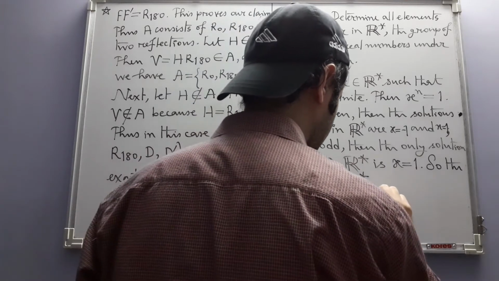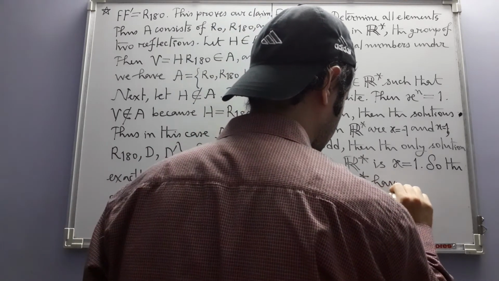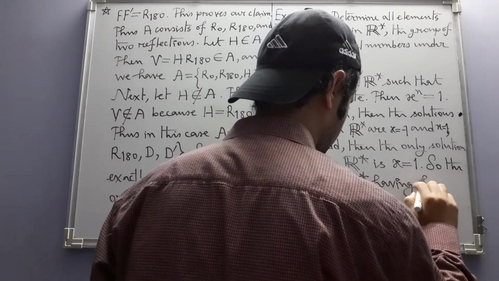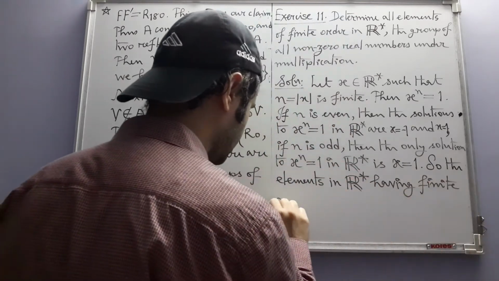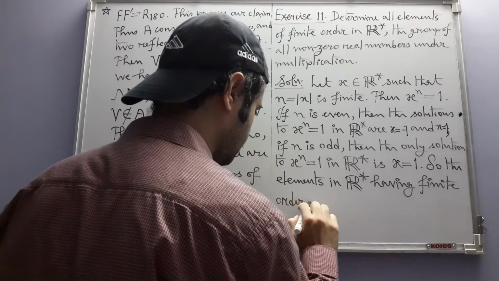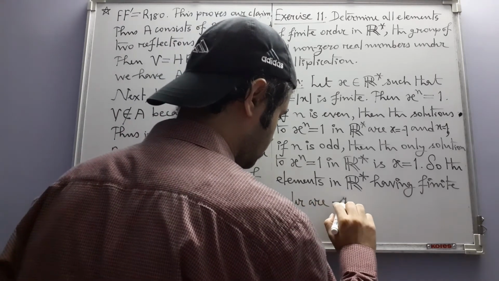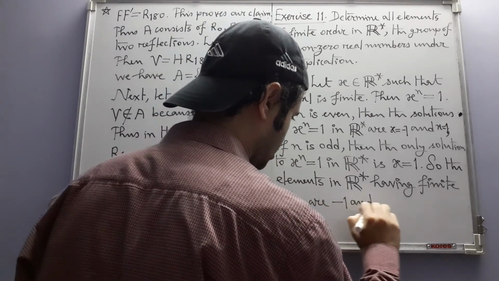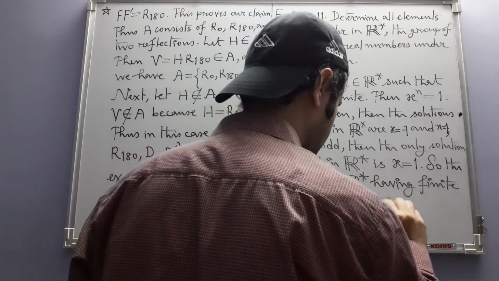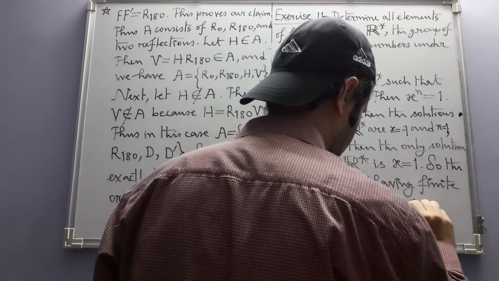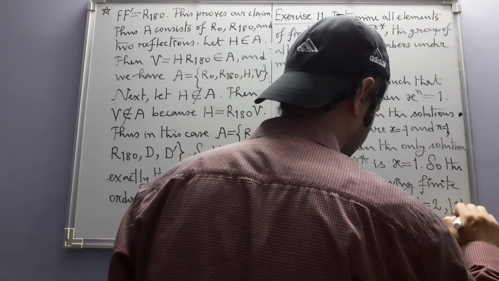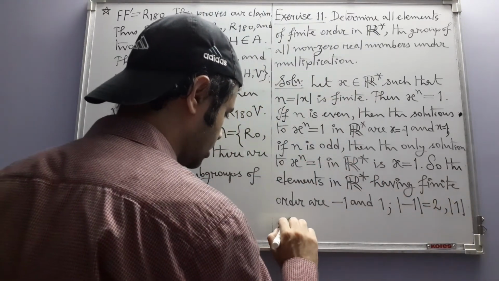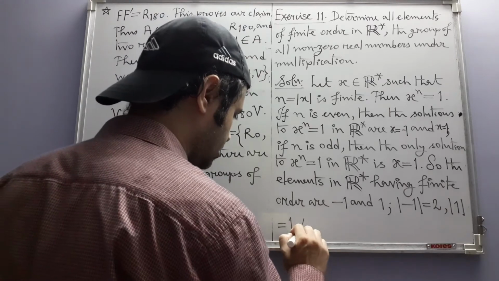Elements in R star having finite order are -1 and 1. Order of -1 is 2 and order of 1 of course is 1 because 1 is the identity element.